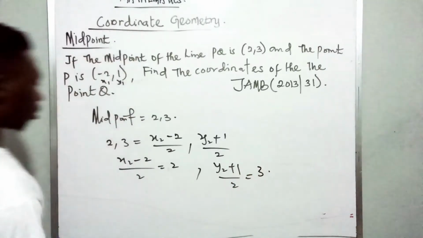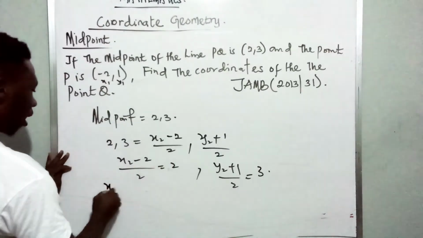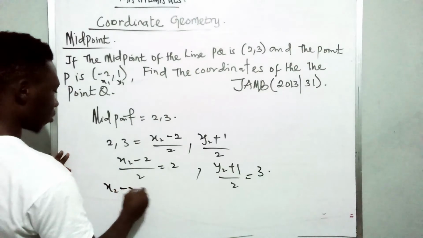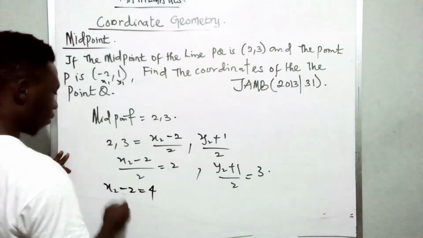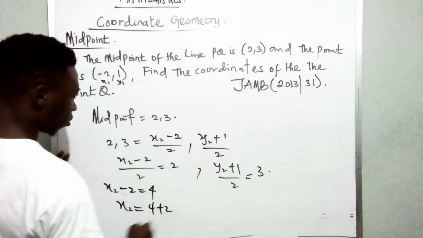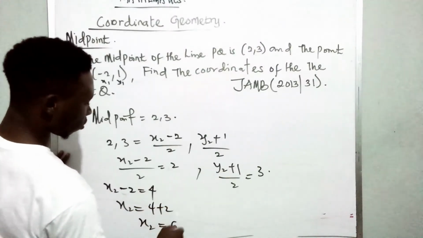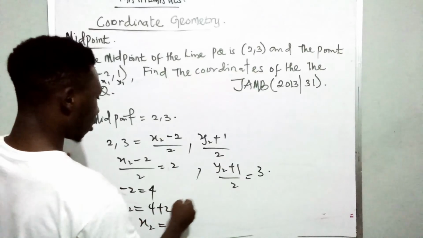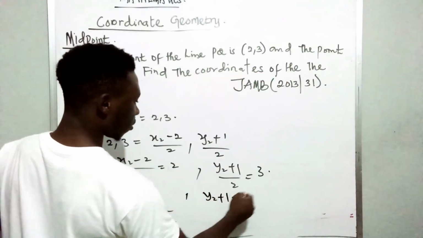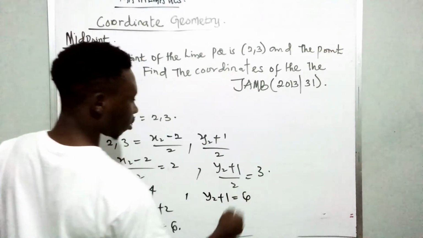So cross multiply: x2 minus 2 is equal to 4. So x2 is equal to 4 plus 2, so x2 here is equal to 6. This one follows the same procedure. Cross multiply, that's y2 plus 1 is equal to 6.